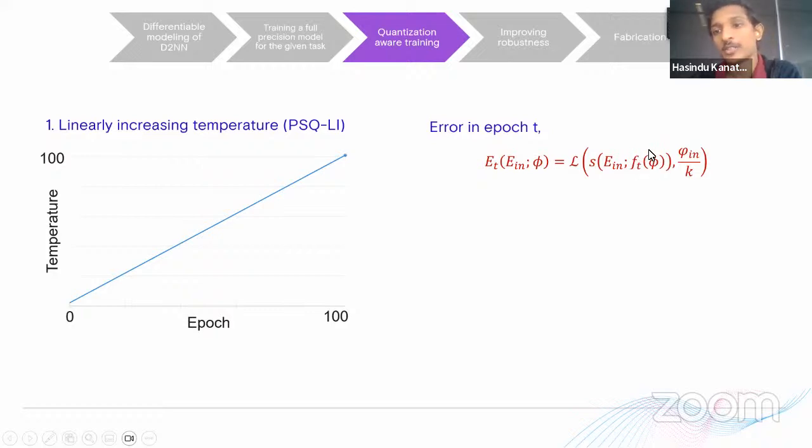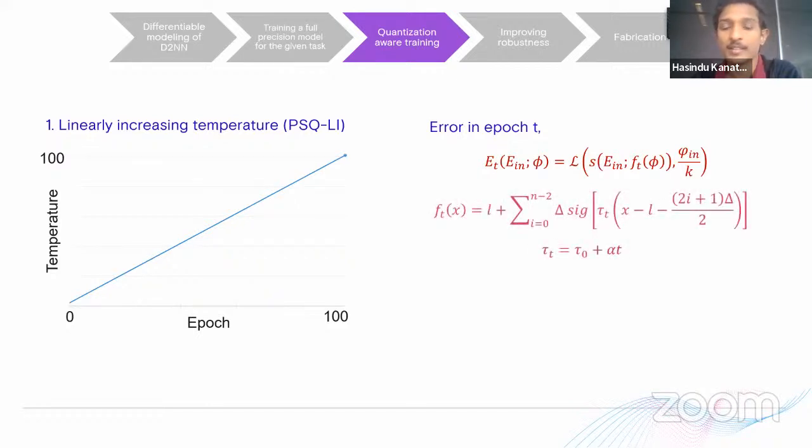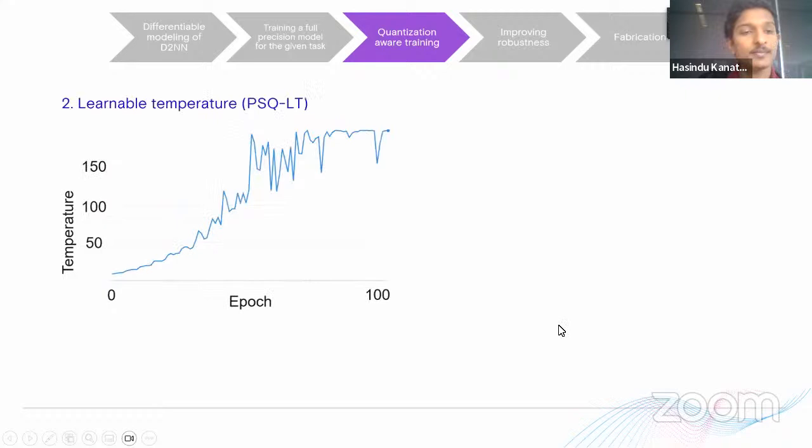These parameters go through this soft quantization function during the forward propagation to produce the output intensity. This function changes with the epoch, because the temperature is now a linear function of the epoch. During the optimization, we try to minimize this error and find phi that minimizes it.